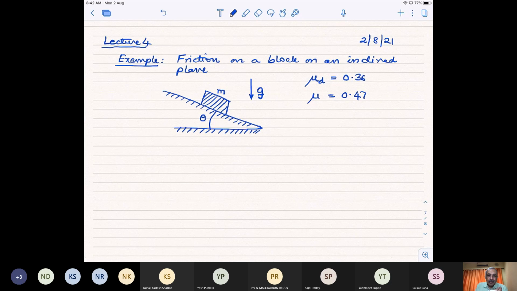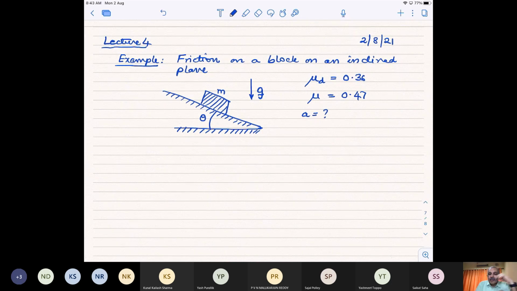So, what I want to know is what will be the acceleration of this block at any given angle.